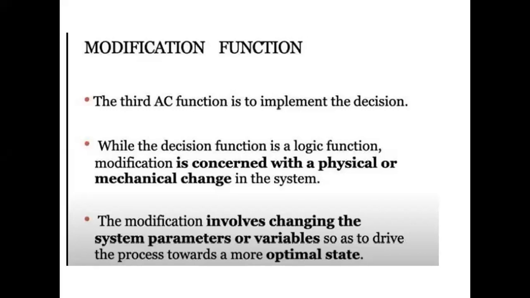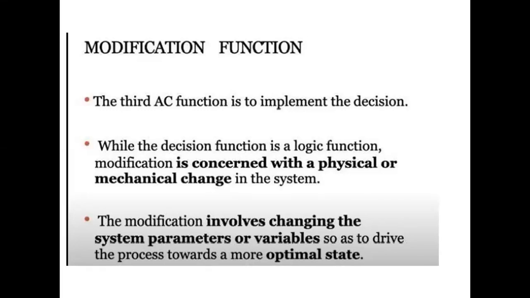Implementation, you will make it using the tool. The adaptive control will send out instructions to the tool to either change the feed rate or cutting speed, or maybe more coolant is required because of the temperature being high. So all these are modification, basically physical processes which are to be done. Is it clear?